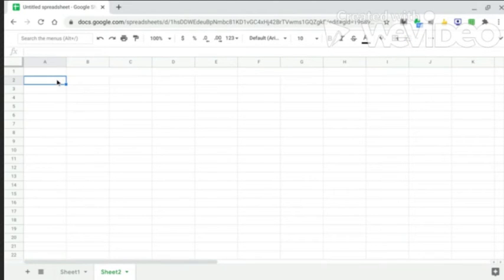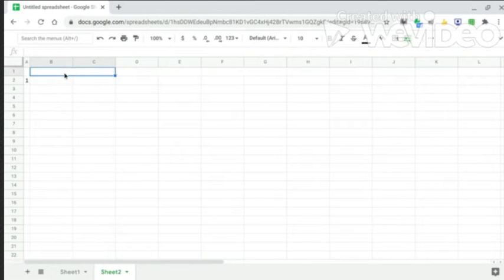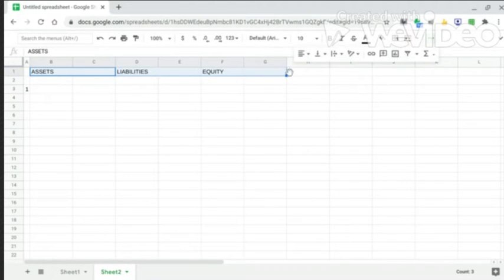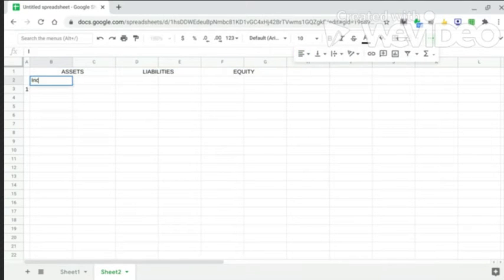So, we have here the assets, the liabilities, and the equity. So, as I mentioned, we will identify the effects. So, kung nag-increase ba siya or decrease. Ayan, tapos duplicate na lang natin tong mga to.